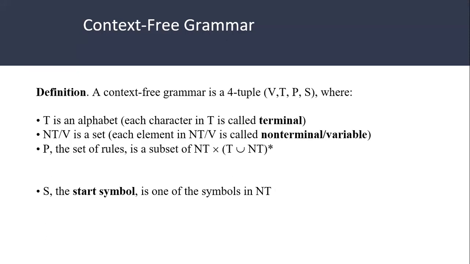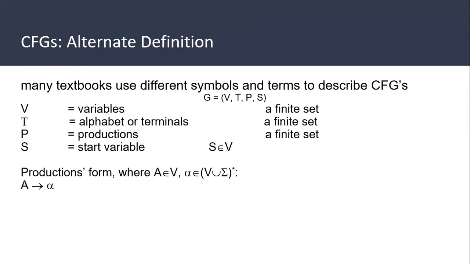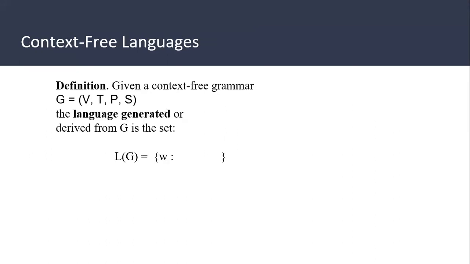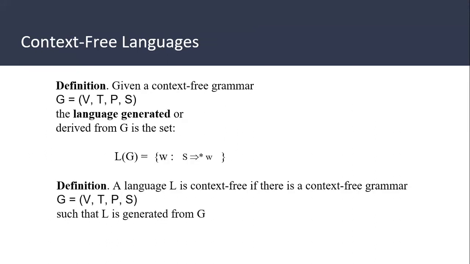Context-free grammar also has four tuples, which are V, T, P, S, similar to every grammar. A language L is context-free if there is a context-free grammar.